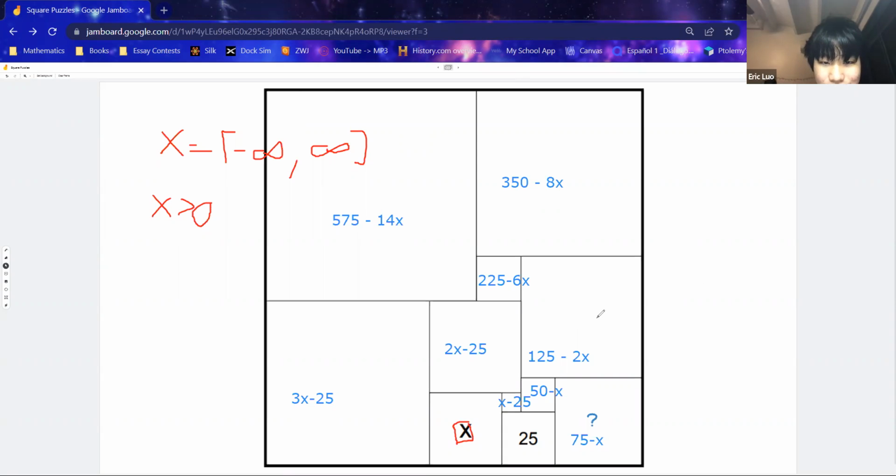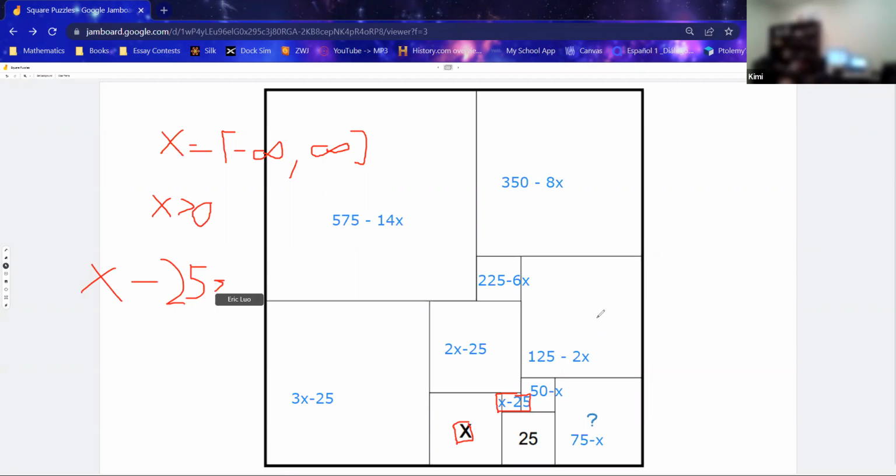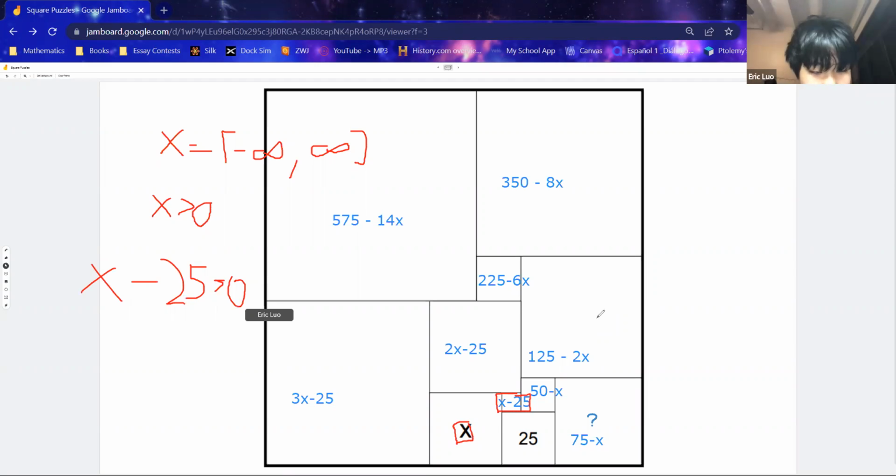So how do we know what x has to be for this to be greater than 0? Let's just do a simple one first. What does x have to be for x minus 25 to be greater than 0? It has to be greater than 25. If x is 25 or higher, then this entire thing will be positive. If x was 24, 24 minus 25 is of course less than 0.